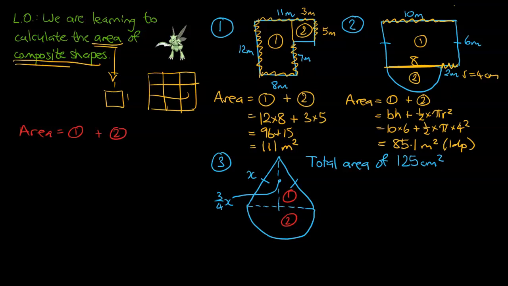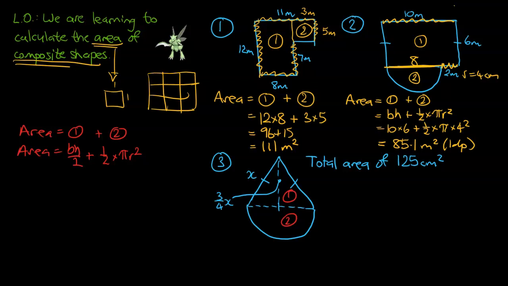We now need to go ahead and form a bit of an equation. So the area of part number 1 is going to be base times height divided by 2. And the area of that semicircle is going to be 1/2 times pi r squared. We now need to think about our substitution. This is going to be messy because we are working backwards to find out some dimensions.